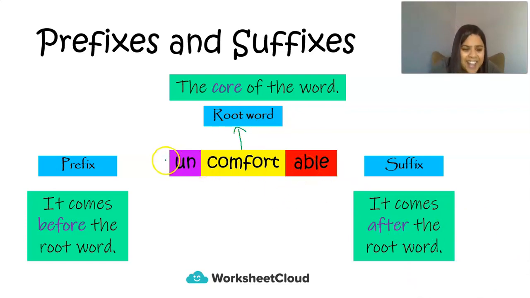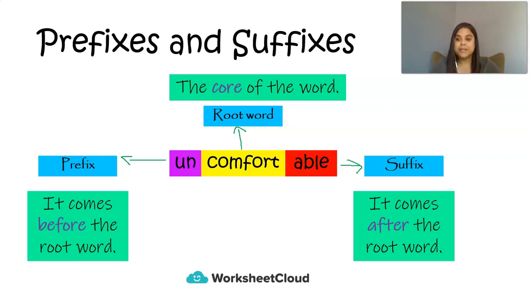And once I add the prefix and the word becomes uncomfortable, now the meaning takes a completely different idea, because now instead of being comfortable or being snug and warm somewhere, I'm uncomfortable and I'm definitely not happy. So as you can see, prefixes and suffixes change the meaning of the words when they are added to them.